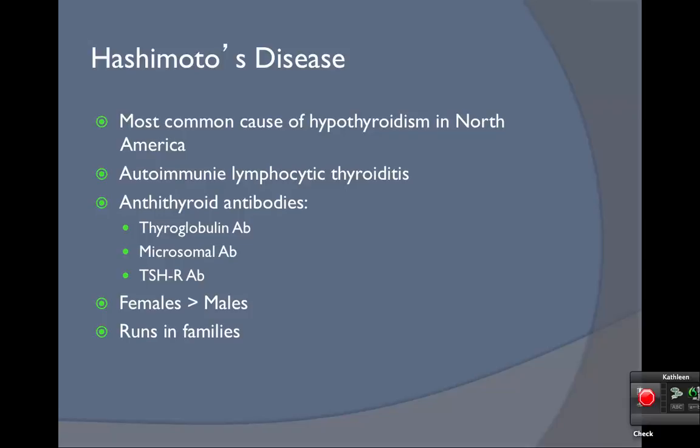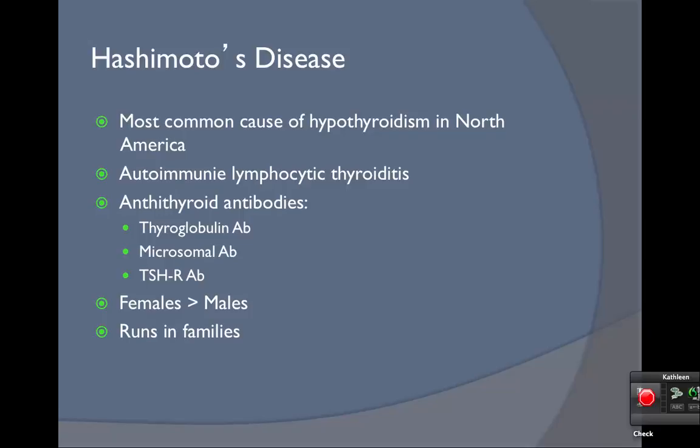So I want to explain that again, just to make sure I'm clear. In a normal healthy body that does not have Hashimoto's disease, every tissue in the body expresses antigens on the surface. These antigens tell the immune system, hey, this is me.